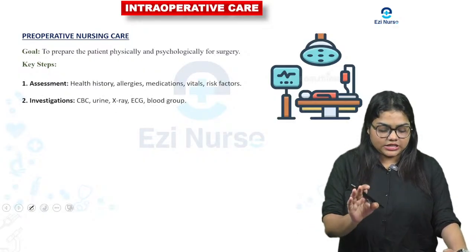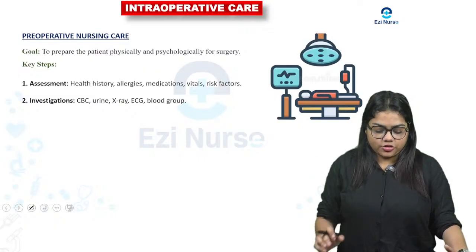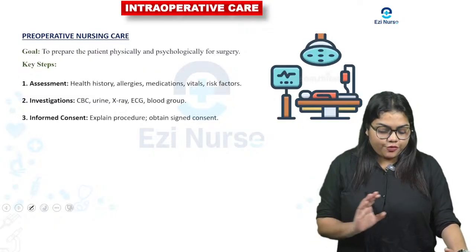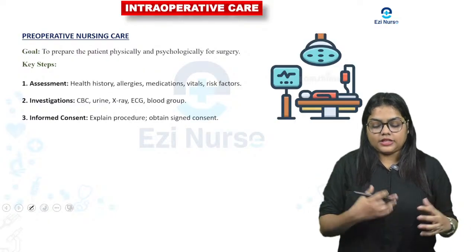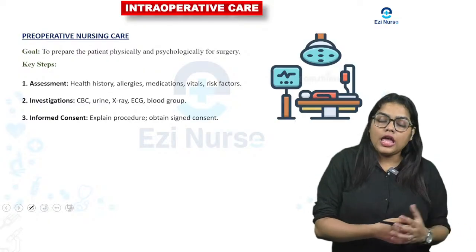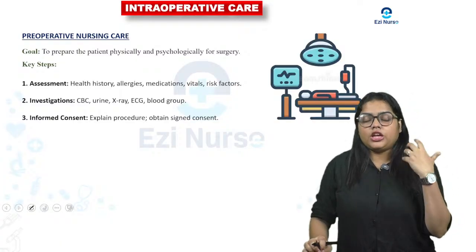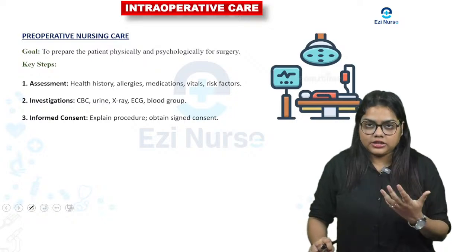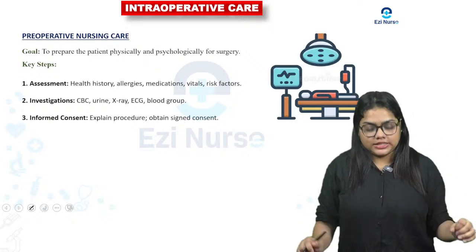Then investigations, which are CBC, urine, X-ray, ECG and blood group. Then informed consent: explain the procedure to the patient and obtain signed consent before any kind of surgical procedure. If he or she is an adult, then we can take the signed consent.